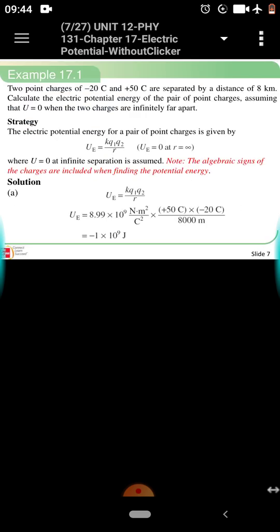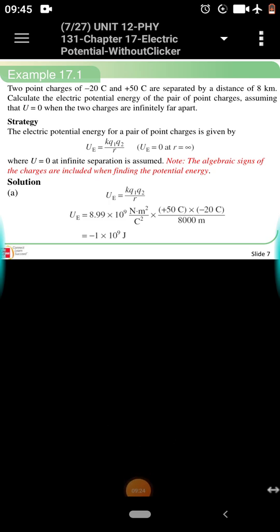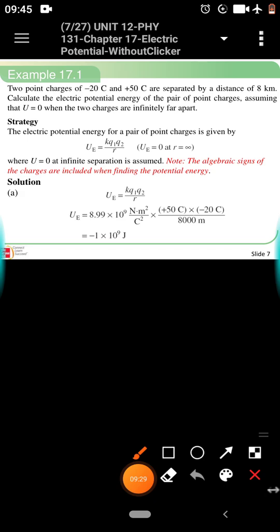Example 17.1, two point charges. Let me use a pen.